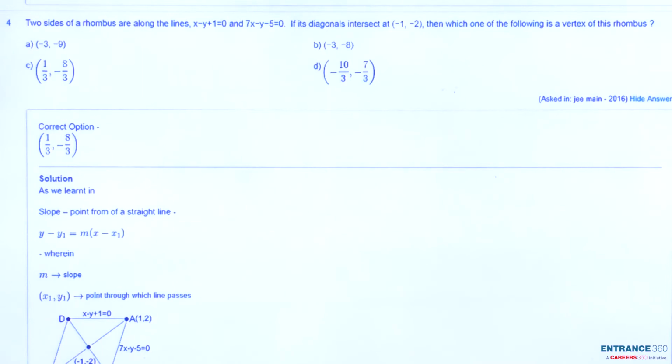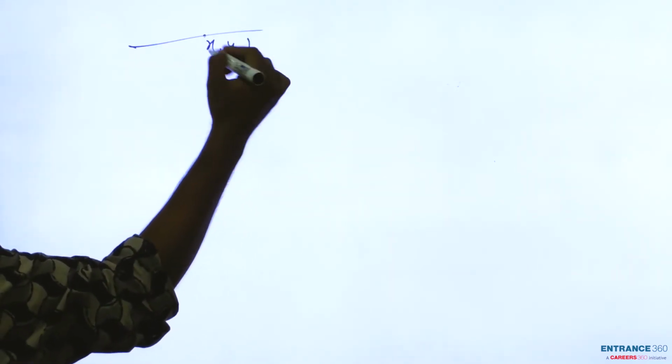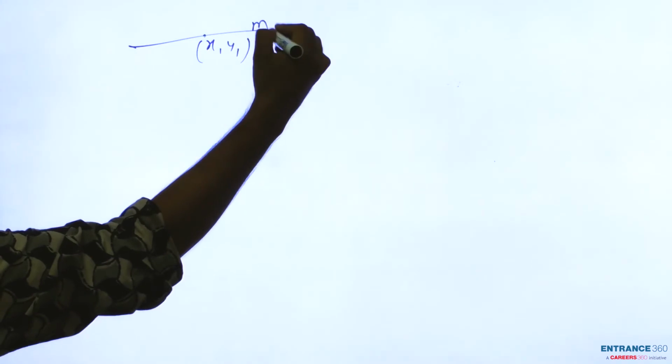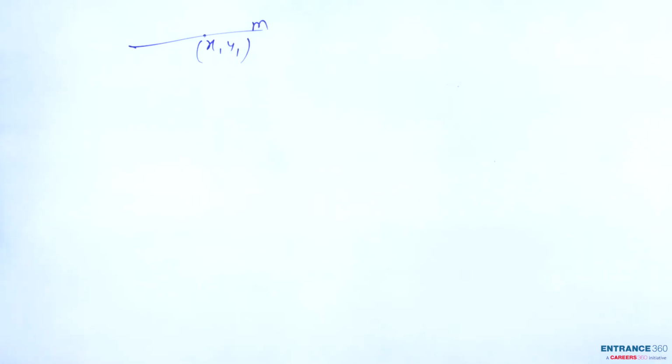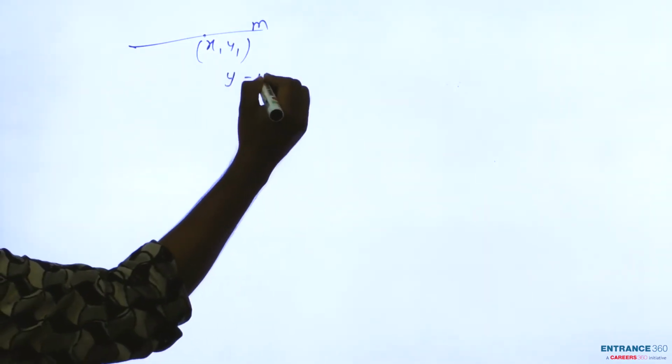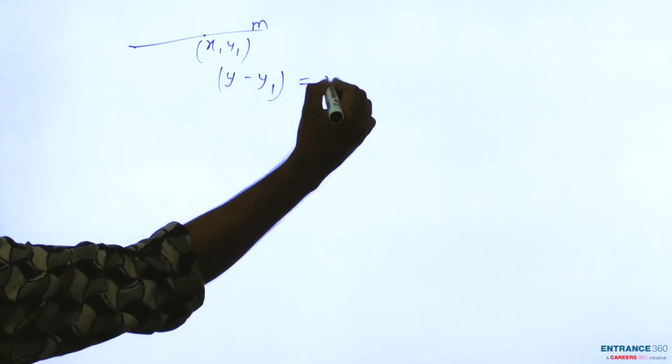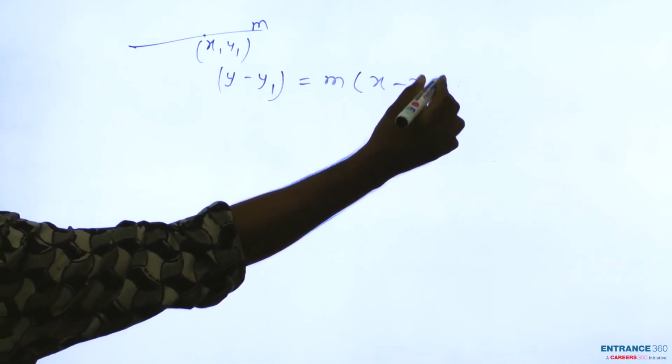First of all, we have to focus on the concept we are using here. The concept is the slope point form of a straight line. If you have any point (x1, y1) and a given slope m, then you can find the equation: y minus y1 equals m times (x minus x1).